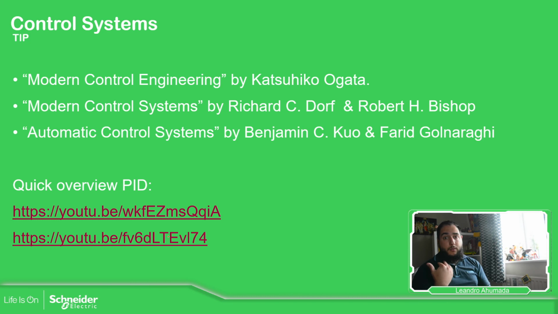These are the three books that I believe are good to have more knowledge about control, just to get a few more ideas. And I also found two videos on YouTube, one from MATLAB and another from a different company explaining PIDs. I believe they have a good introduction.